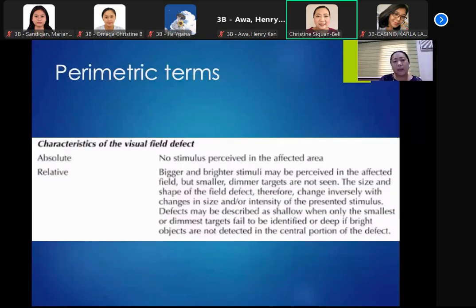So let's go to the perimetric terms. We have absolute visual field defect, which means there is no stimulus perceived in the affected area. There's also a relative visual field defect, where bigger and brighter stimuli may be perceived in the affected field, but smaller and dimmer targets are not seen.